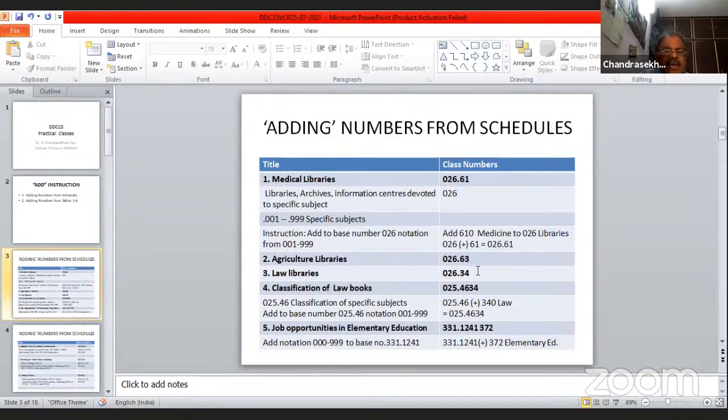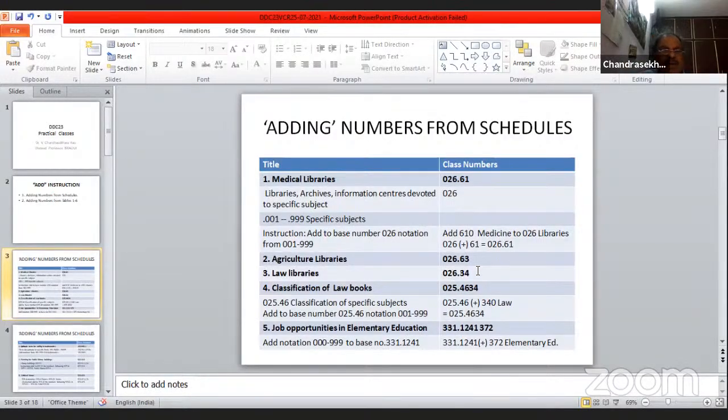Under that, 025.46 is the classification of specific subjects. There is an instruction there: add to base number 025.46, notation from 001 to 999. Here also he has given a wide range of subjects from 001 to 999.